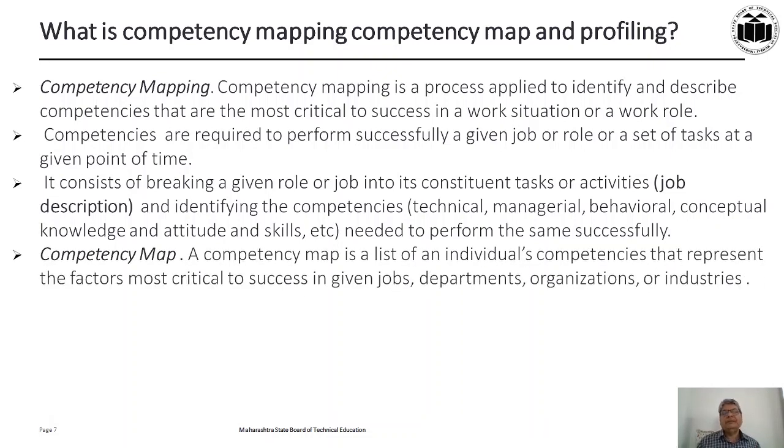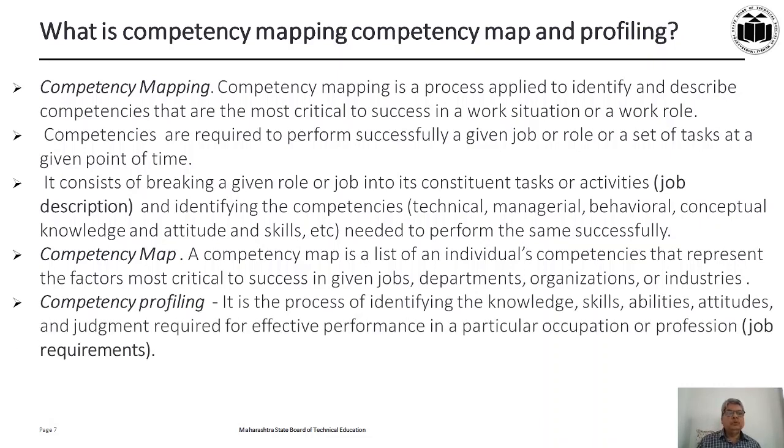A competency map is a list of an individual's competencies that represent the factors most critical to success. So you create a list of the competencies that are required or critical to success in a given job, department, organization or industry.